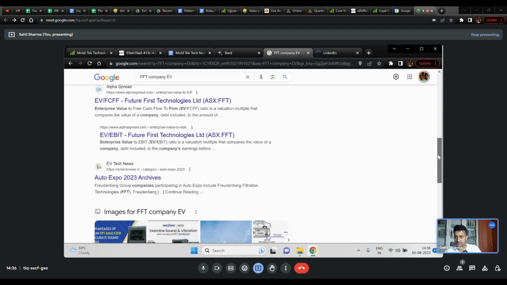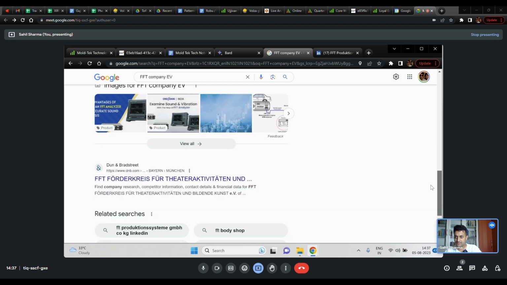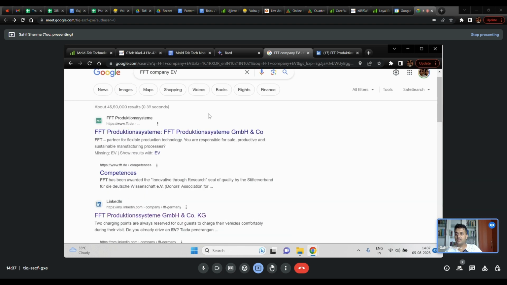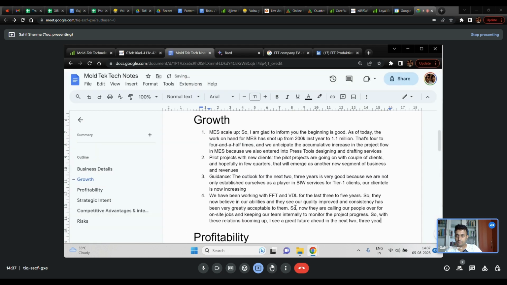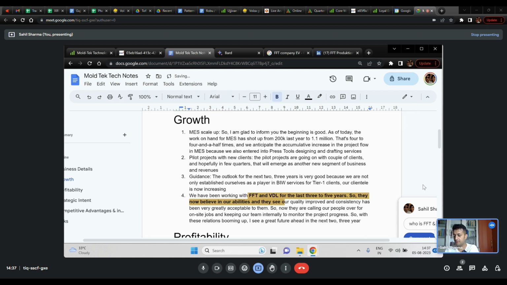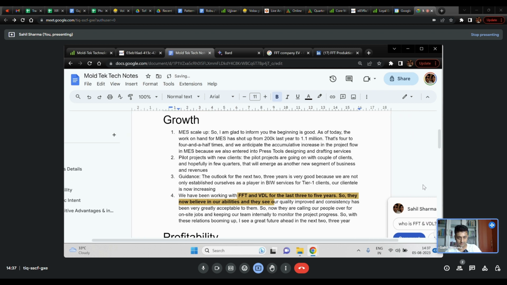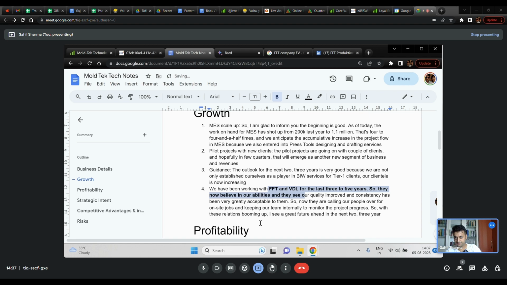That's what it looks like, probably. Friedenberg Filtration Technologies. Yeah, I guess both of these are things worth highlighting. And then, offline, one can go deeper into this also. Who is FFT and VDL, right? These are important details to figure out.